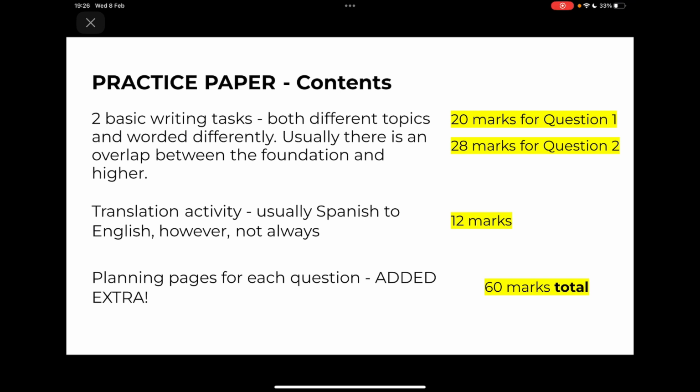Usually the foundation question always comes first because it's the easier one to understand, and the higher tier question, which is the 28 marker, is the second question because there's more Spanish involved. The translation is usually always the same for both tiers, on my papers anyway. So there are a total of 60 marks.